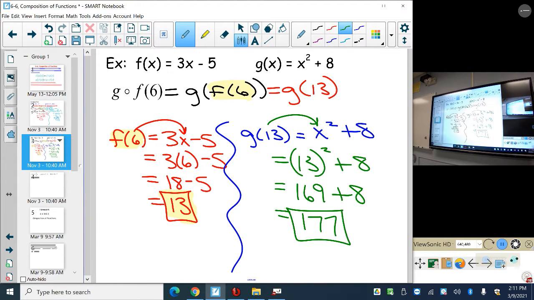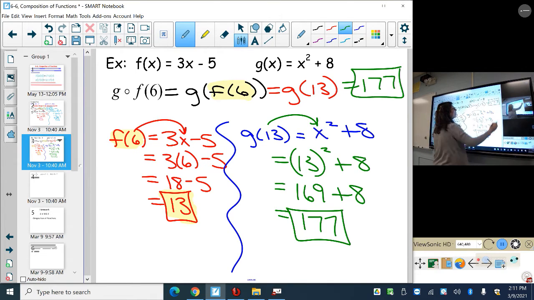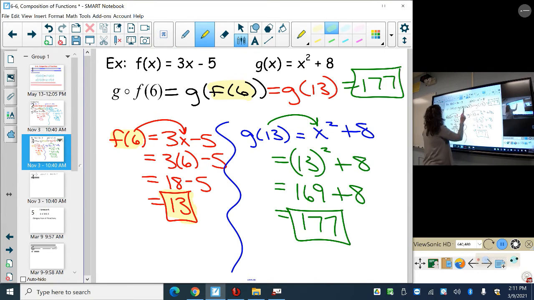Okay? Which means g at 13 is 177. Now, you can read this problem exactly the way from right to left. g of f at 6 is the same thing as g of f of 6, which is the same thing as g at 13, which is exactly the same thing as 177. Okay?